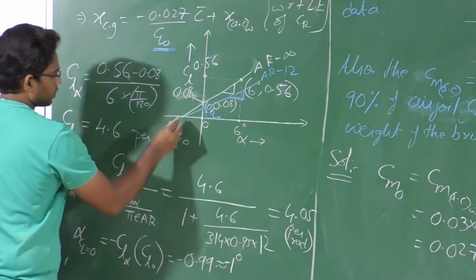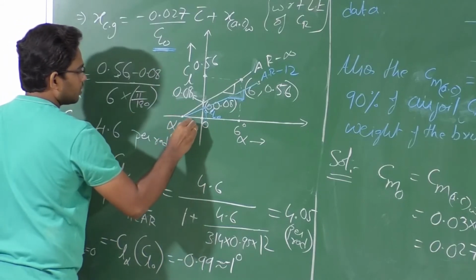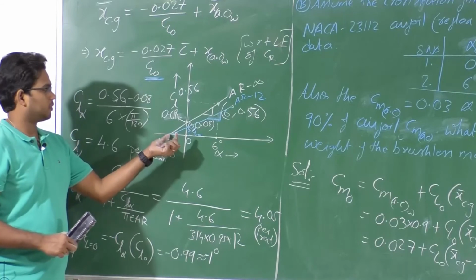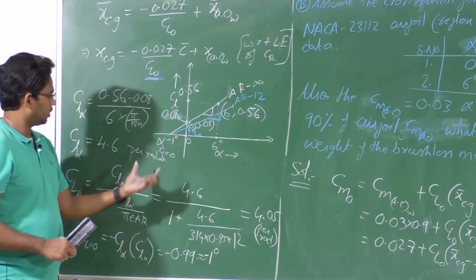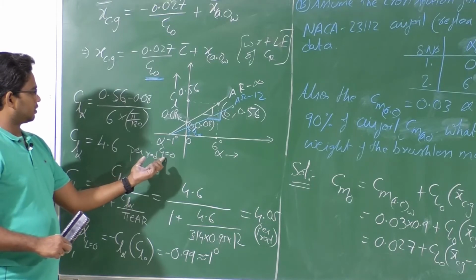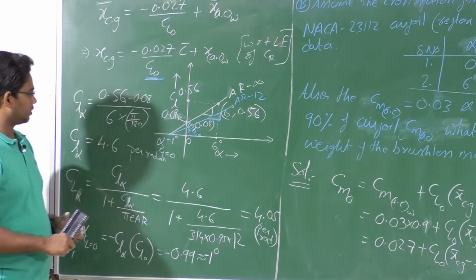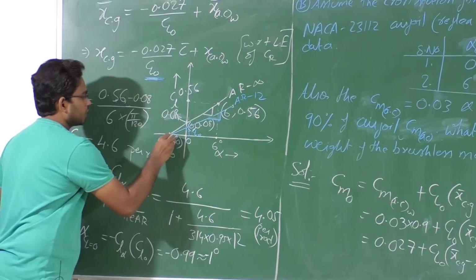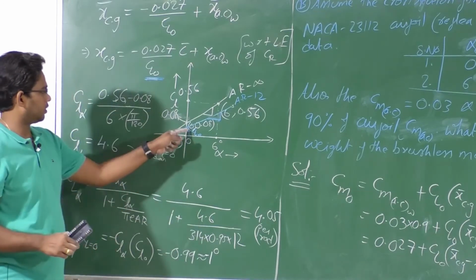Okay. So this particular value corresponds to minus 1 degree here, right? So once I know the alpha at which CL is 0, which is minus 1 degree, I have the coordinates minus 1 degree comma 0. So I will be able to find CL naught.